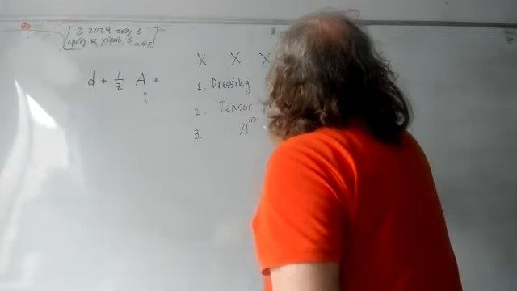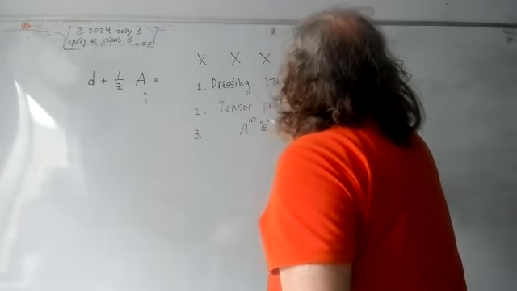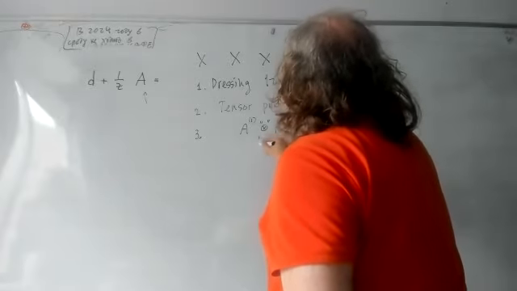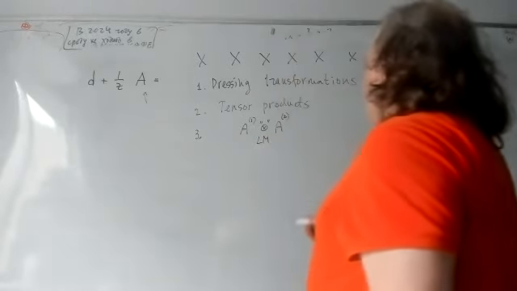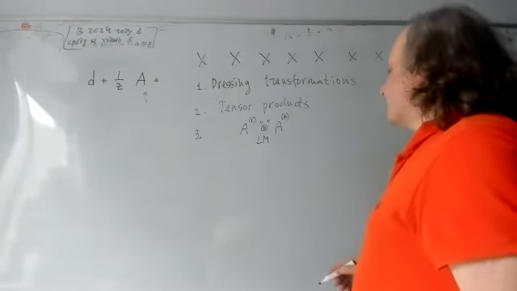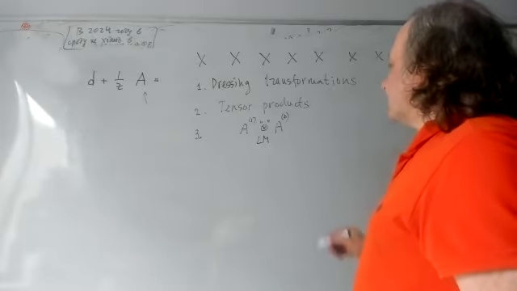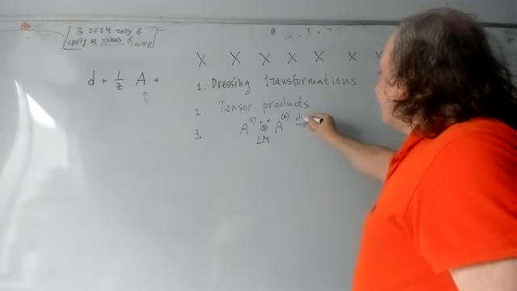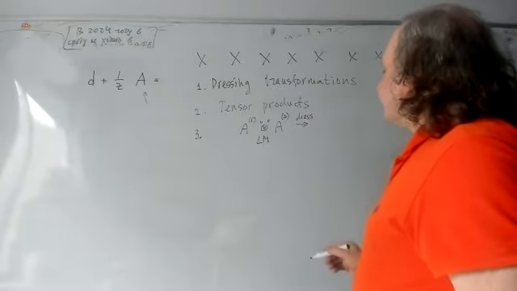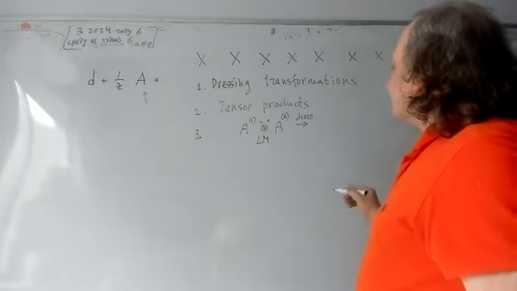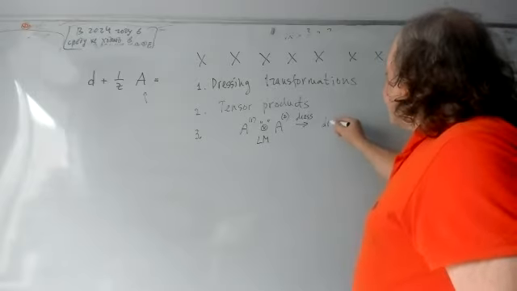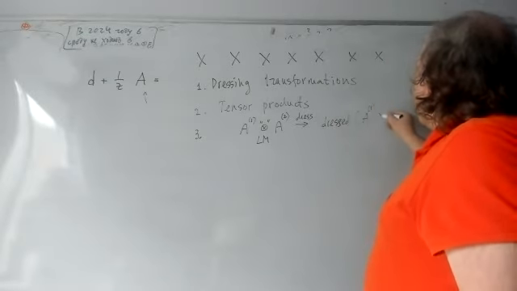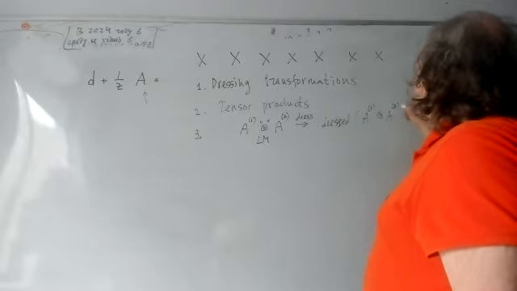You can take one A, and I'll explain what it means, tensor product it with the second A over the space Lm. And then you can dress. And you get dressed A1 tensor A2.